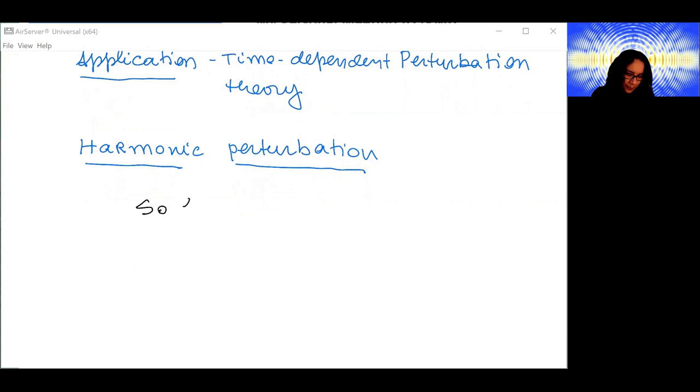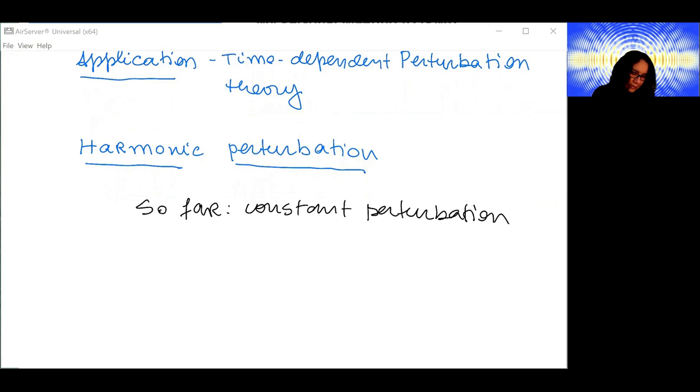So far we had a constant perturbation, and now we're going to have a look at a harmonic perturbation.